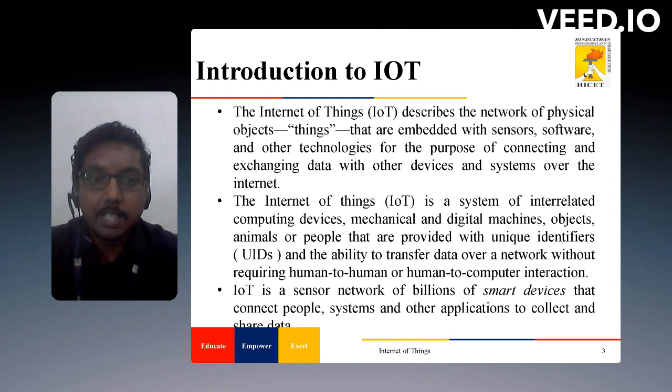This is simply the system of interrelated computing devices, mechanical and digital machines, objects, or animals, or even people that are provided with a unique identity. For example, when you have a mobile phone, you can use applications like Facebook and Twitter, and you have a unique ID, a unique username, and also your password.